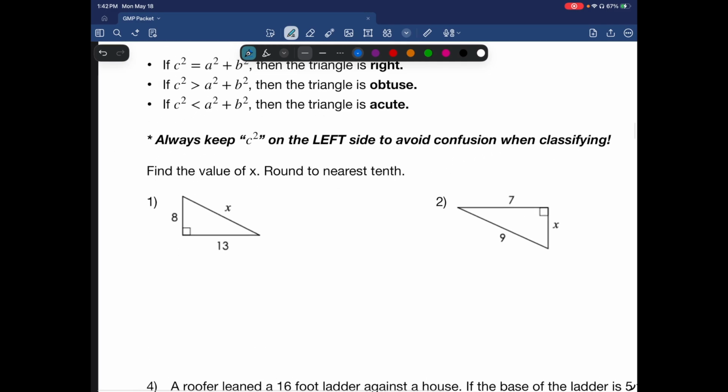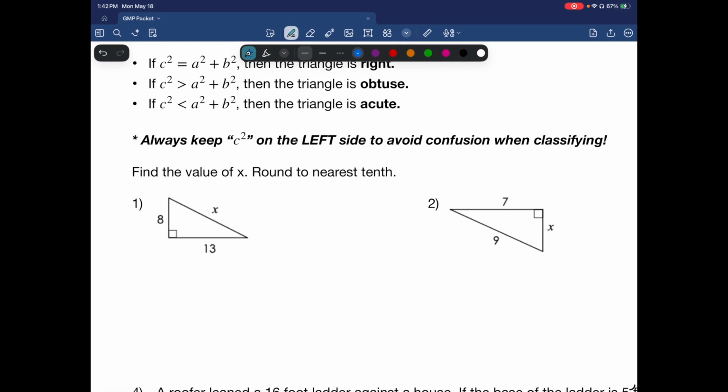Okay, so for number one, also with these three equations, keeping c squared on the left really keeps you from having any confusion about what's going on. For the first four problems, we're just going to look at the Pythagorean theorem and how to use it. So x is on my hypotenuse, so I got x squared equals 8 squared plus 13 squared.